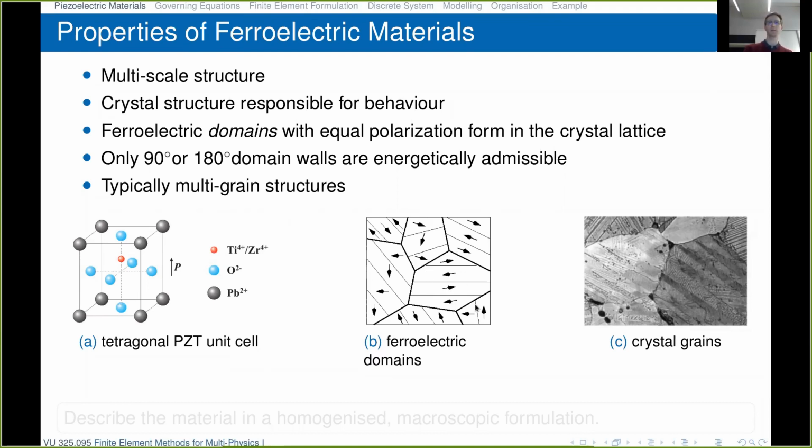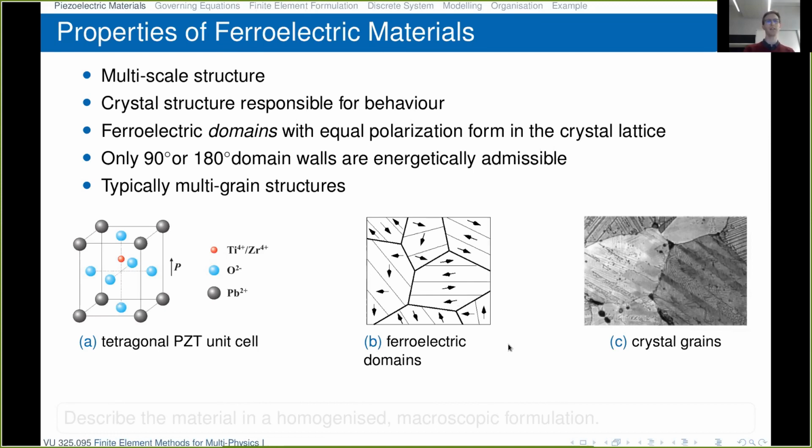And furthermore, since these ferroelectric materials have a crystal structure, you can see here we have the crystal grains where we have the regular crystal grid as shown by the unit cell, and we have grain boundaries and a different orientation of the crystal grid in the adjacent grain.